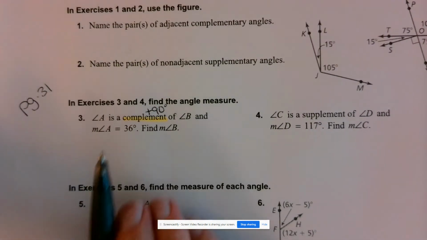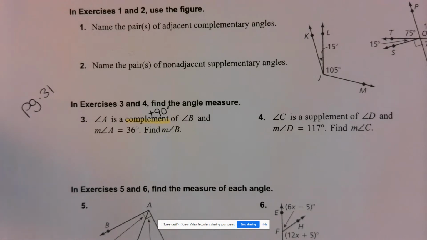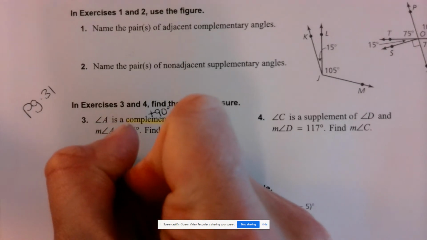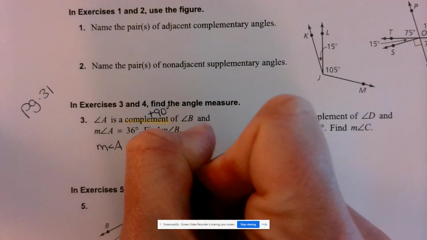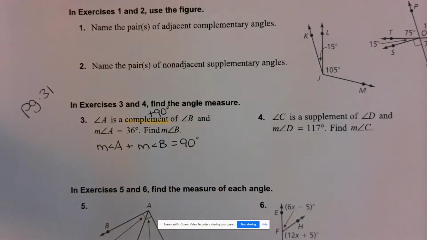It tells us that the measure of angle A is 36 degrees, and we need to find the measure of angle B. So like I just said, because angle A is a complement of angle B, we know that the measure of angle A plus the measure of angle B has to be equal to 90 degrees.